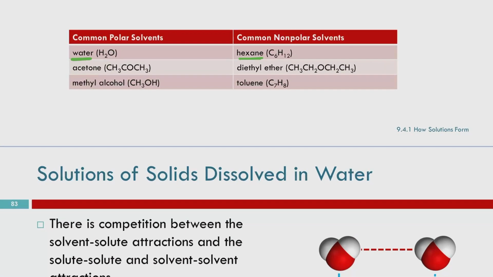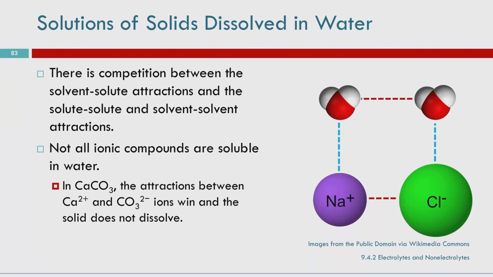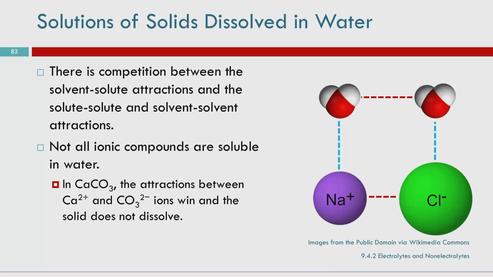When we dissolve something in water, when we're creating a solution of solids dissolved in water, there are a bunch of factors, a bunch of things going on when we try to dissolve a solid. So we've got some water molecules represented here on the top. And we've got a sodium ion and a chloride ion representing table salt.